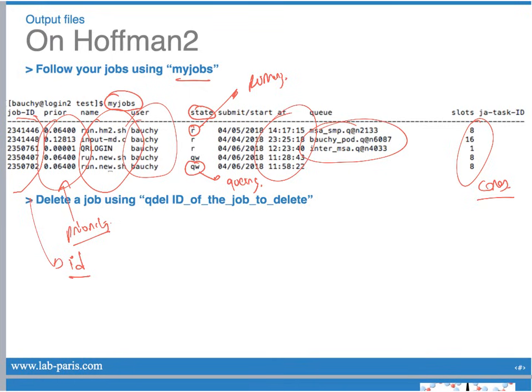If you start a simulation, realize that there is something wrong, and you want to delete this specific job, what you can do is type the command qdel and then add the specific ID of the job that you want to delete, and this will stop the simulation. Otherwise, the simulation will just go on. Even if you close the terminal, if you turn off your laptop, the simulation will just go on the Hoffman cluster unless you delete it with the command qdel.